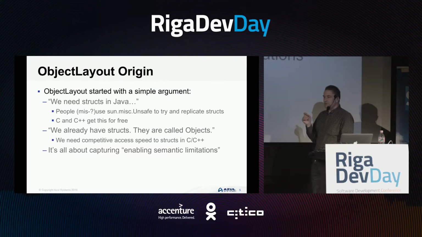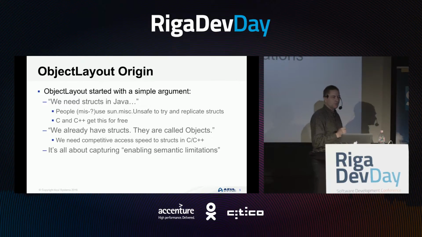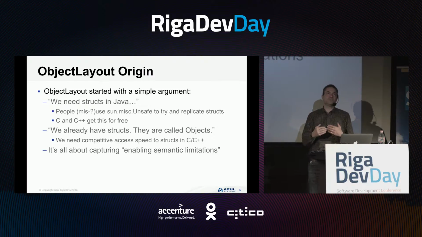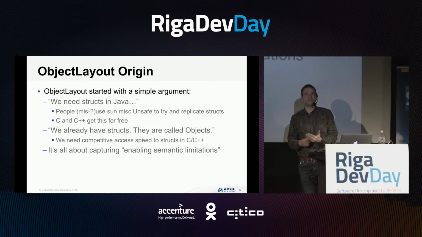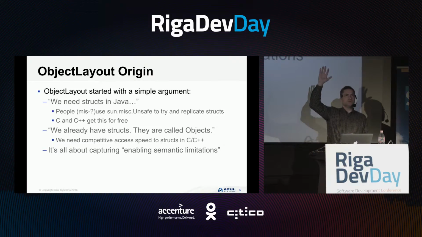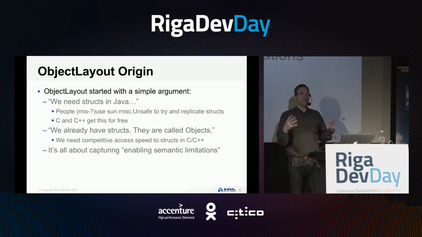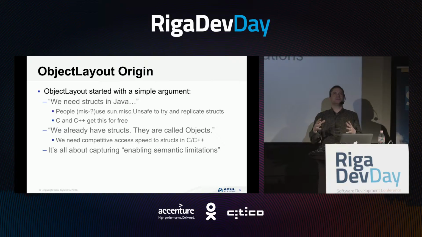In terms of the origin of the object layout project, it all came about from a discussion that was had about the fact that people needed structs in Java. Now, everybody here done C or C++ programming? Okay. Right, there's a couple of people who haven't. So structs are really like an object in C. They're a way of grouping together values, data, in a single unit.